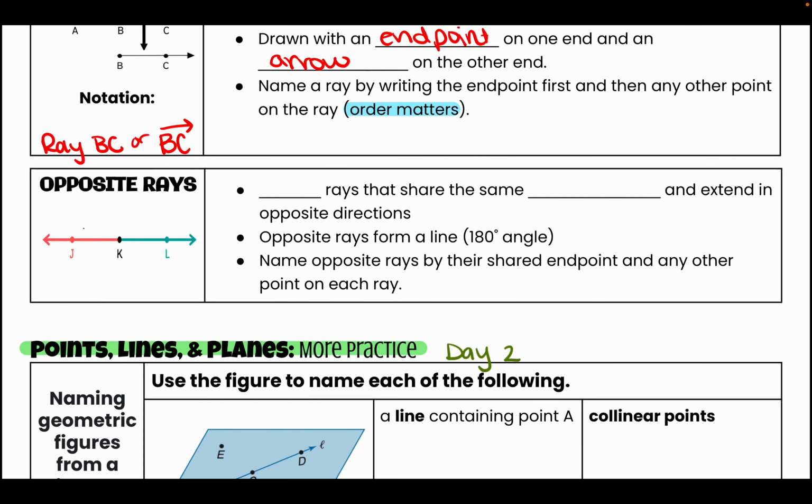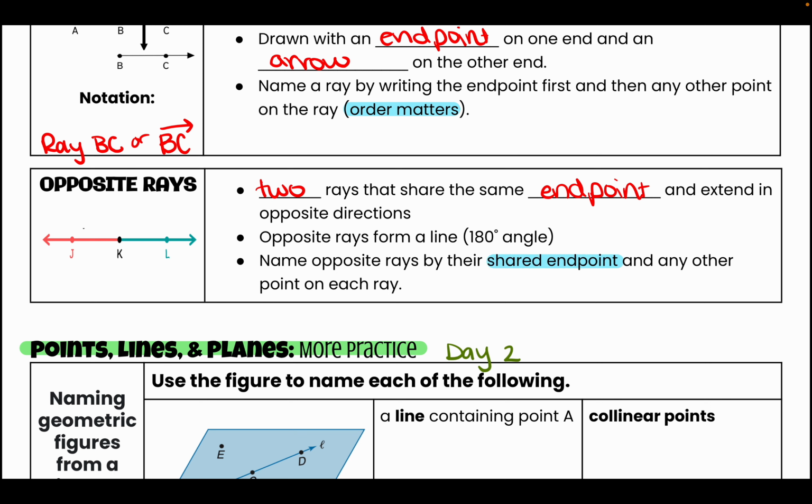Okay. Opposite rays. Opposite rays are 2 rays that share the same endpoint and extend in opposite directions. So opposite rays form a line, which is a 180-degree angle. And then we want to name opposite rays by their shared endpoint and then any other point on each ray.